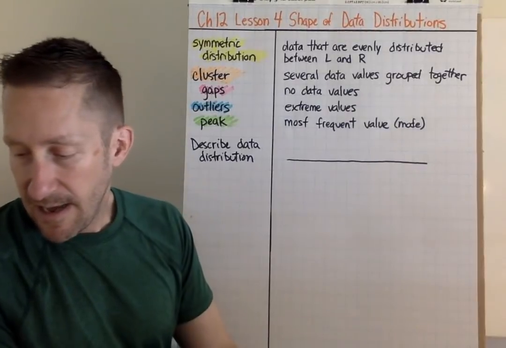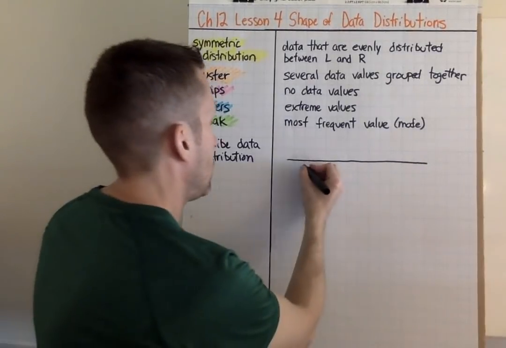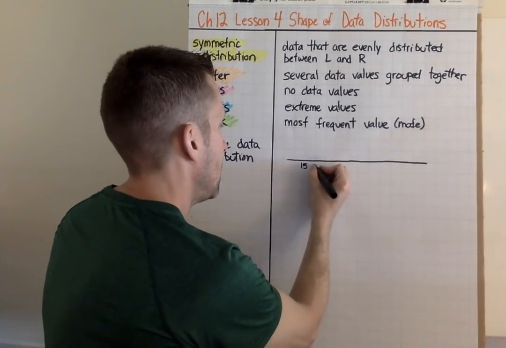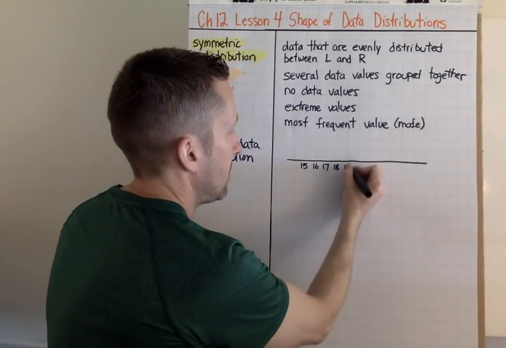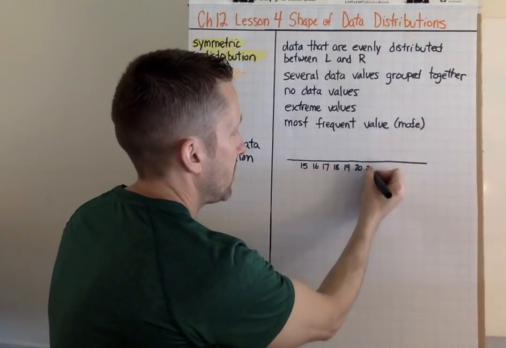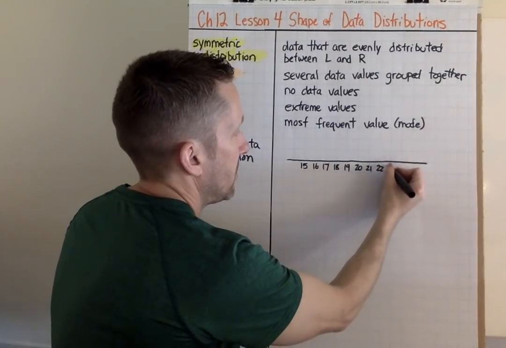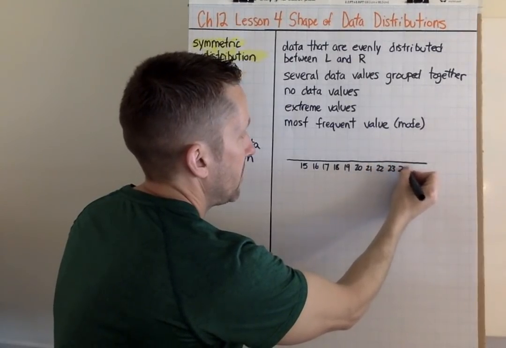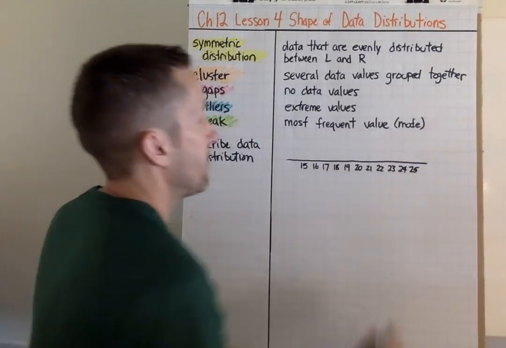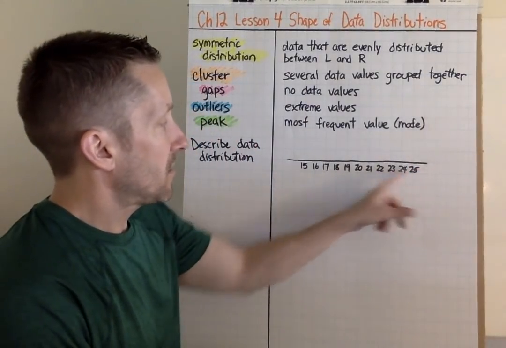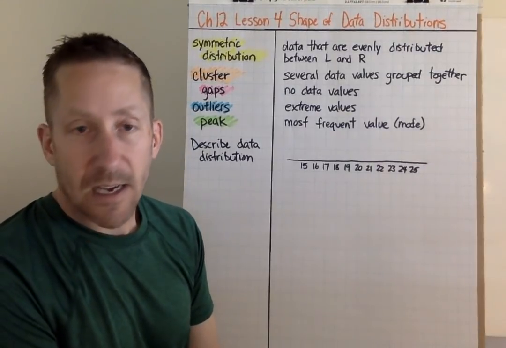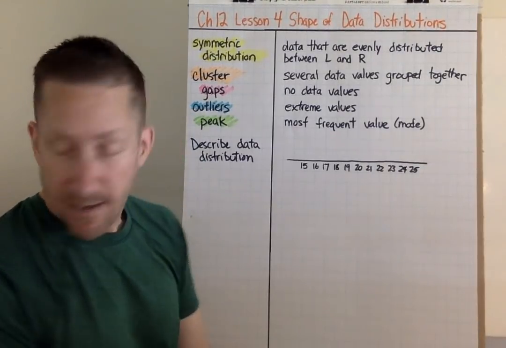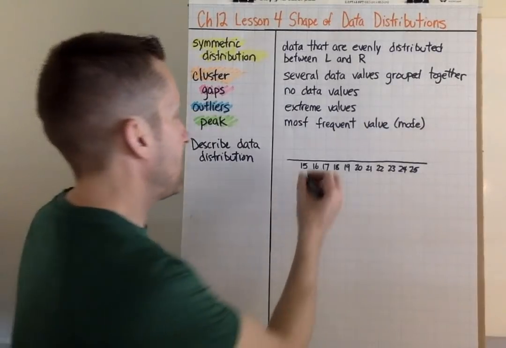So draw a line, and I'm going to start at 15, 16, 17, 18, 19, 20, 21, 22, 23, 24, and 25. This is going to be a line plot or a dot plot. And we're going to put two values at 16.